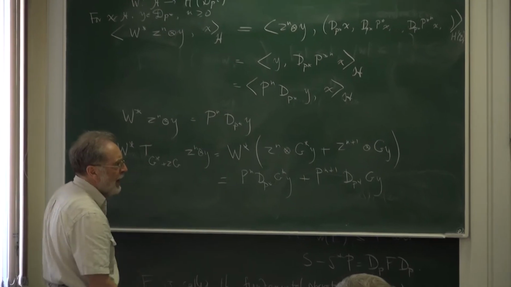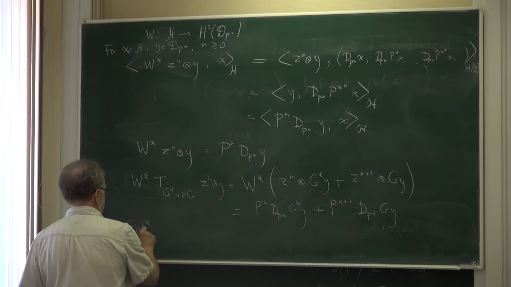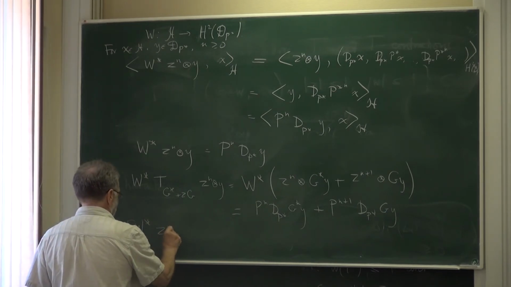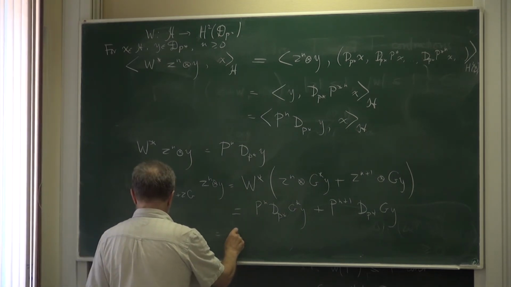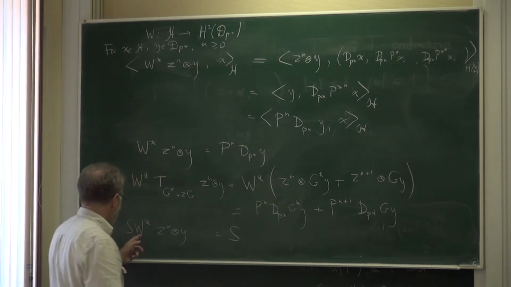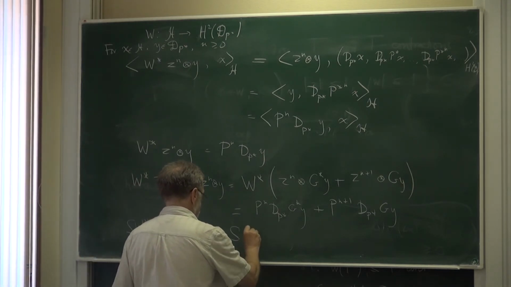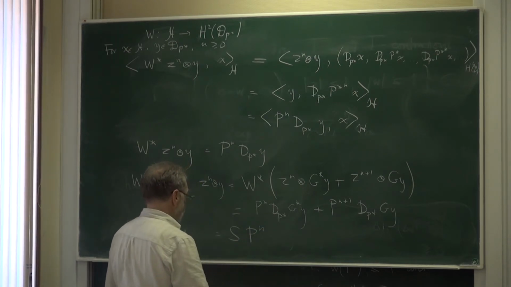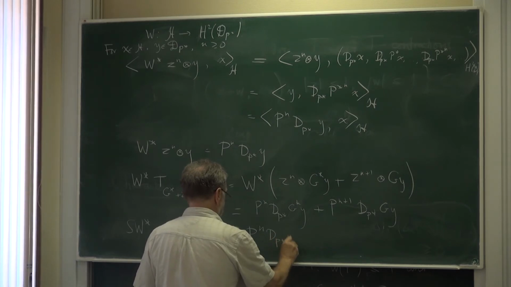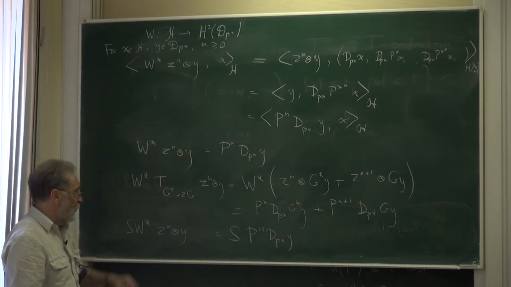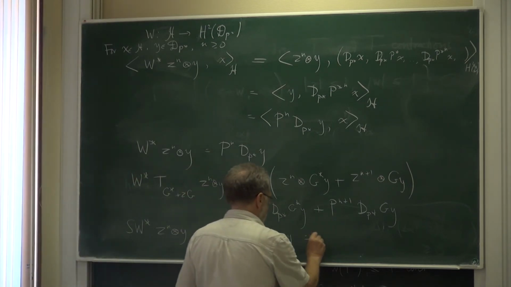And we want to compare that with S W* applied to the same element. So that's S, and W* applied to Z^n tensor y again is just P^n D_P* y from this equation up here. Now S and P commute, so I can pull this P^n out in front.